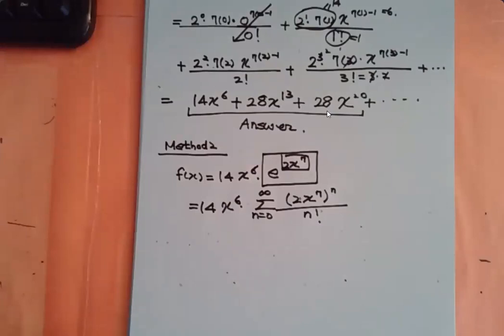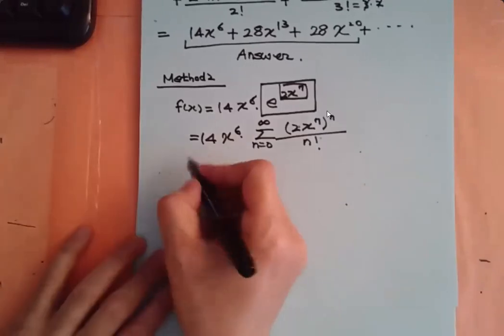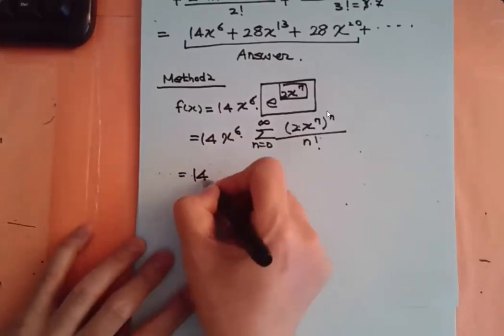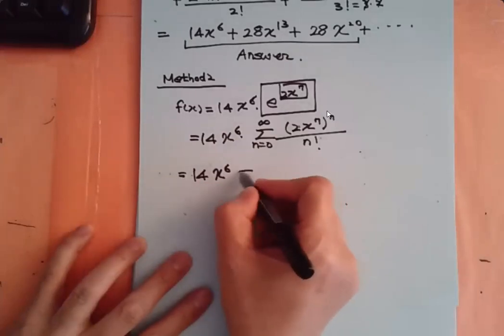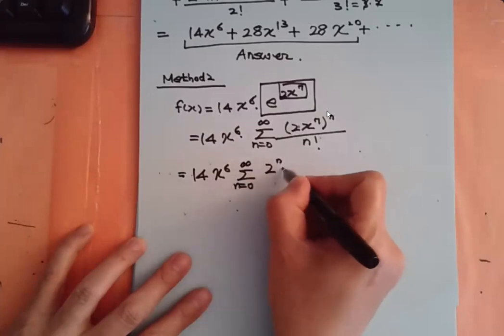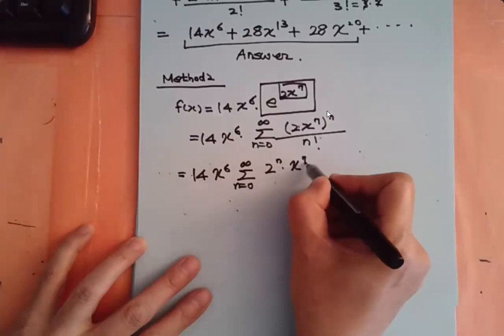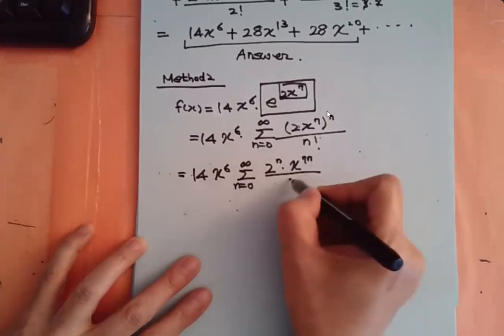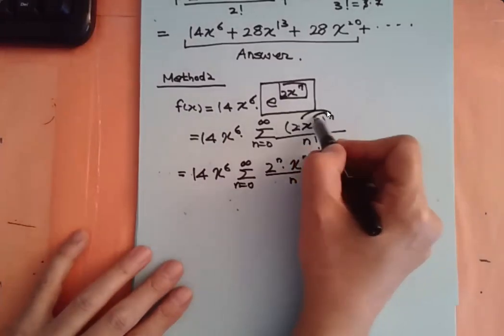And then, let's do this. This is 14x^6 times the summation n equals 0 to infinity of 2^n times x^(7n) over n factorial, right? We did this.